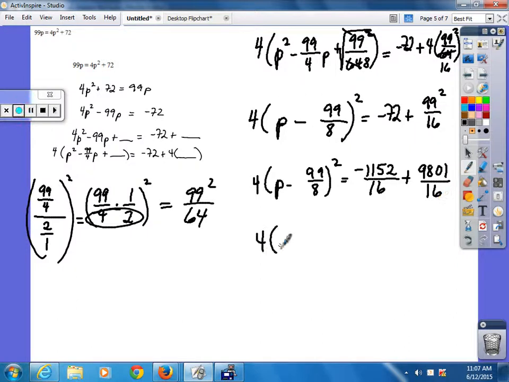4 times p minus 99 over 8 quantity squared. And somebody take negative 1152 and add 9801. What do you get? 8649.